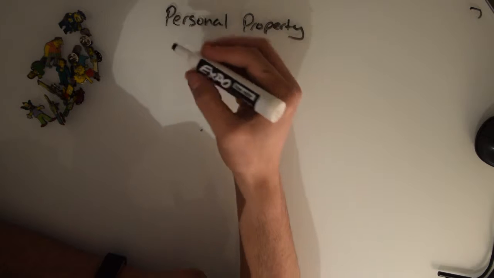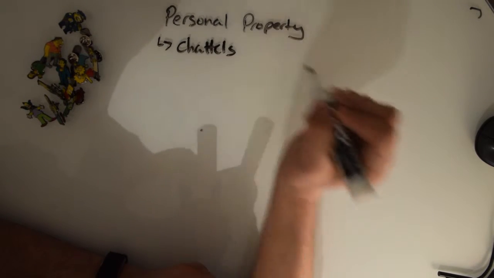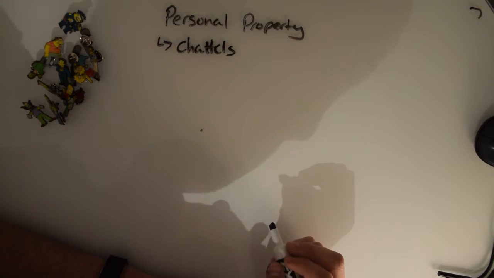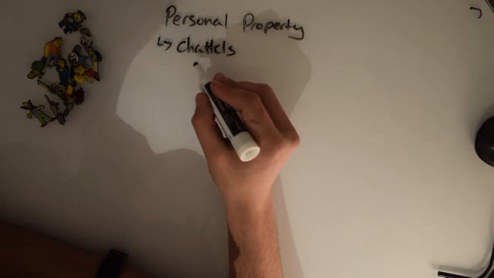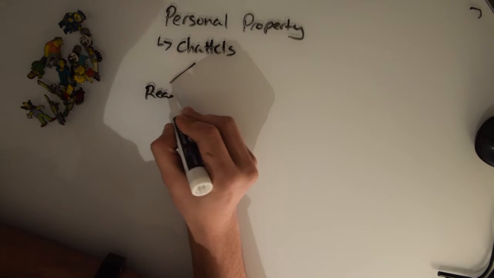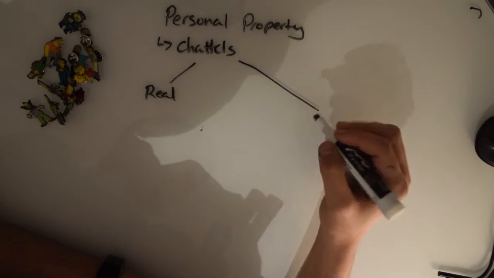What these are mostly called are chattels. There are two different types of chattels. You can have chattels which are a real chattel, or you can have chattels that are personal.